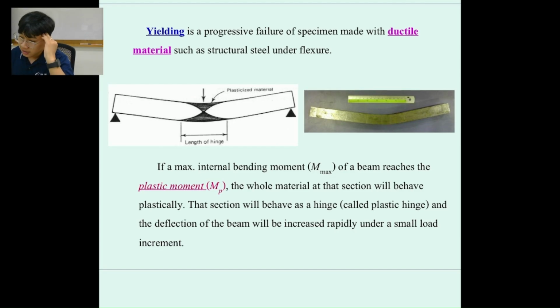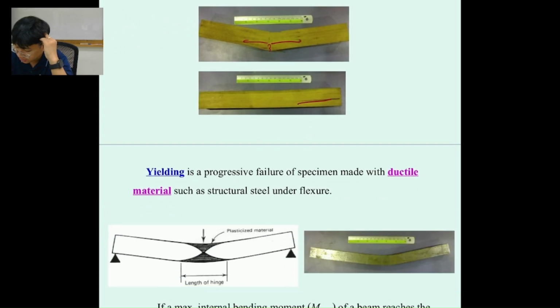Okay, but for the ductile steel, you cannot break the ductile material such as steel when testing bending. But the thing that happens to it, we call it the plastic hinge. What is plastic hinge? So why in the brittle material we don't have plastic hinge?